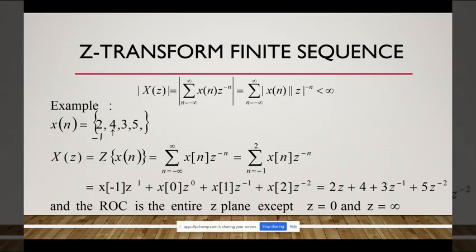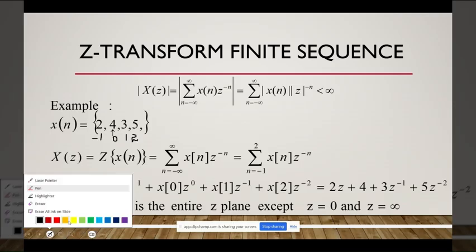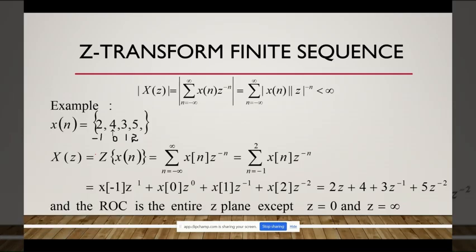This is the reference, n is equal to 0. This is n is equal to 1. Here n is equal to 2. So this is finite, right? n from minus 1 to 2. So here the limit gets changed from minus 1 to 2.